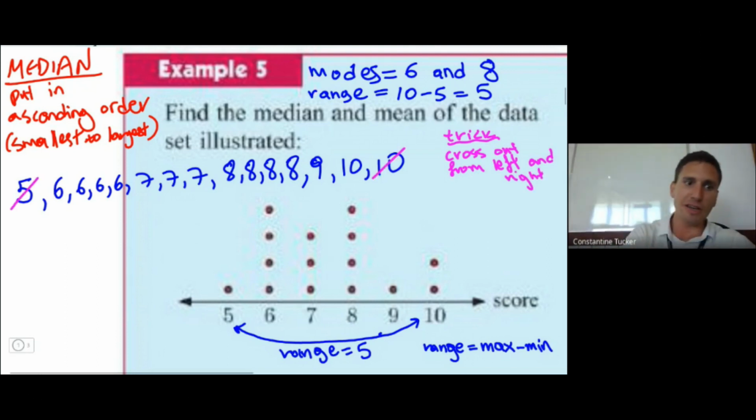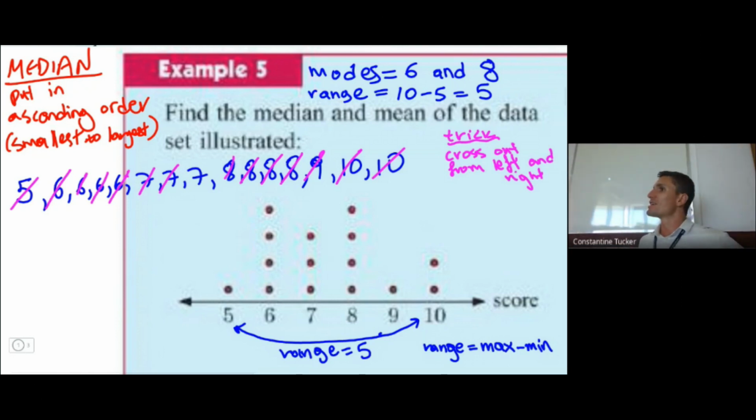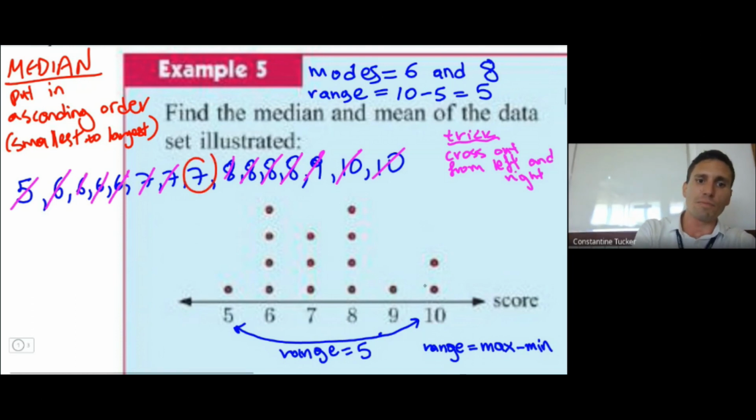Now we'll keep going. 6 and 10 gone. Then 6 and 9 gone. Then 6 and 8, then 6 and 8, then 7 and 8, and then 7 and 8. So what is the median? The one in the middle is the median. So the median is 7.